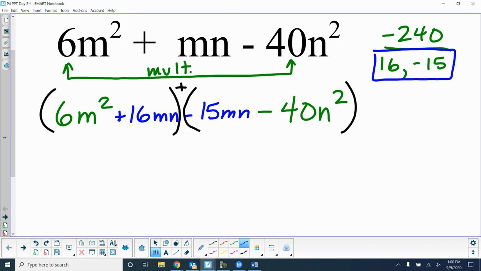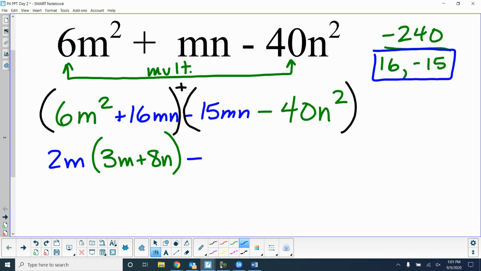And the GCF for these 2 terms, this first group, is 2m. And I divide 6m squared by 2m, you get 3m. And 16mn divided by 2m is 8n. When this third term has that minus sign in front of it, pull that out front.